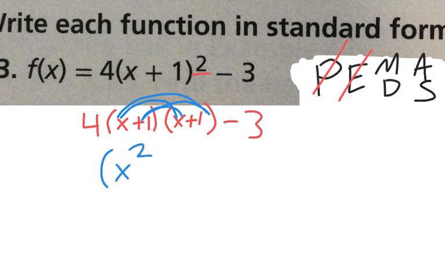Oh my god, I just said that mistake. X times x is x squared. X times 1 is 1x, or just x. Now, 1 times x is 1x, or just x. 1 times 1 is 1.